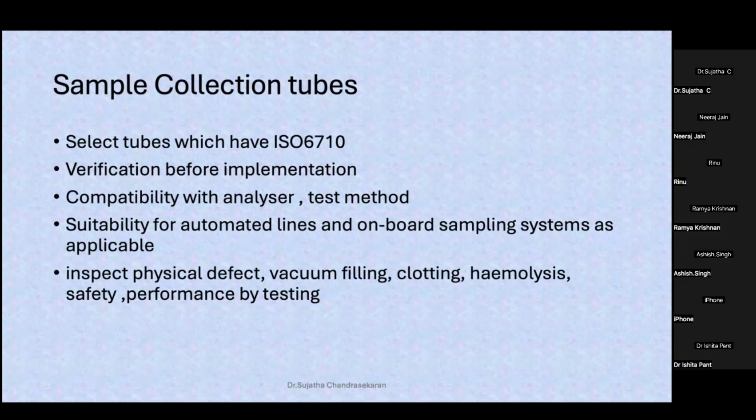Most of the testing labs today have automated sample internal tracks and also onboard sampling systems. They have to be compatible. It depends on the probe, how the probe moves in your blood sampling system and decides the column of sample above your gel.